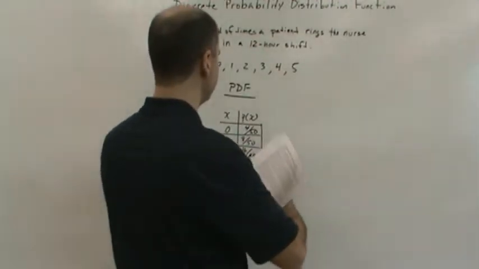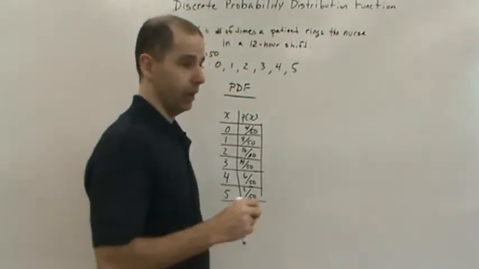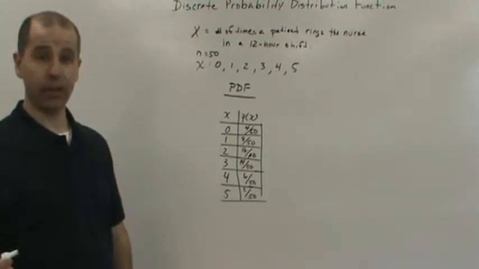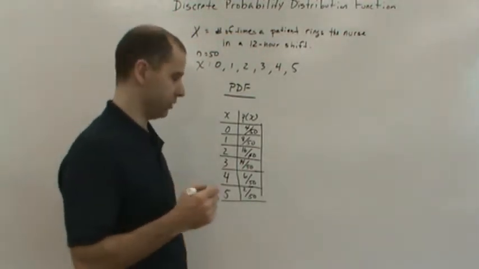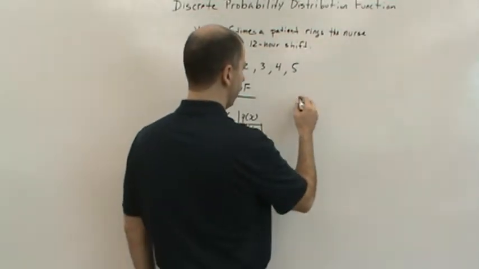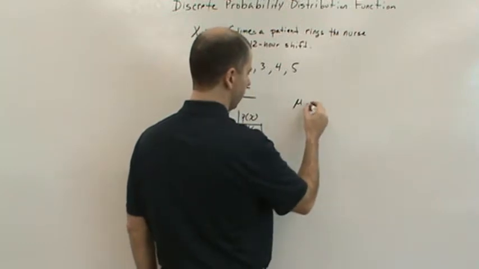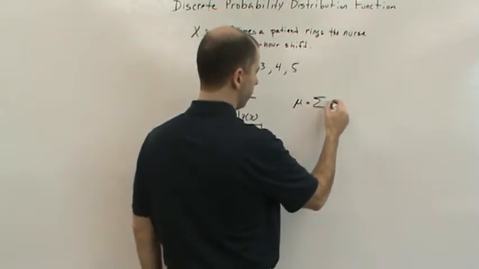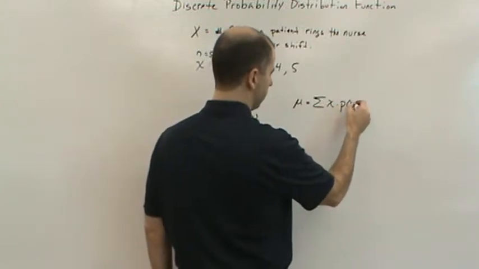So here are the formulas for calculating the mean, variance, and standard deviation of a discrete probability distribution. To find the mean, mu, it is equal to the sum of x times the corresponding probability of x.